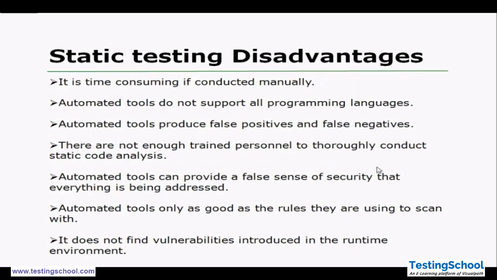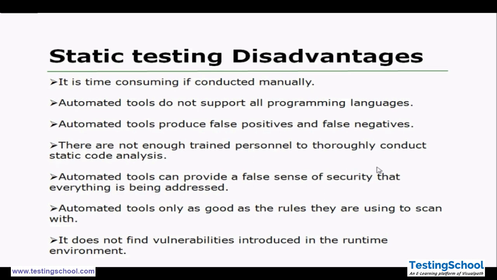Then there are some disadvantages of static testing. It is time consuming if the code is reviewed manually. Automation tools do not support all programming languages, like Java, .NET, or Python, so there may be no tool which can be used to verify static testing.